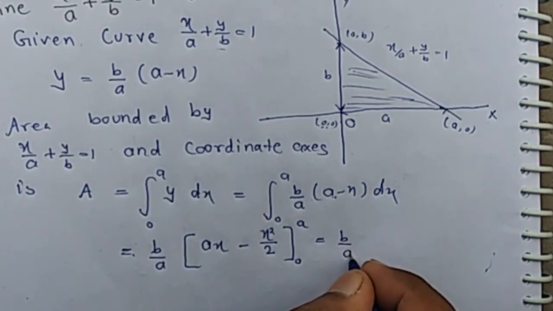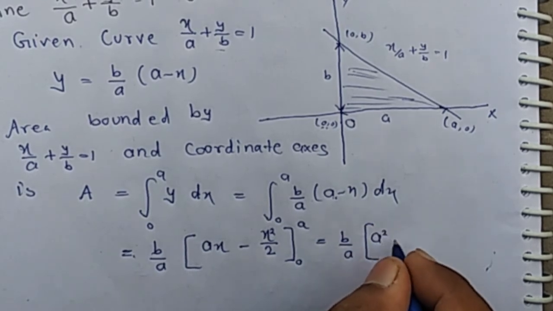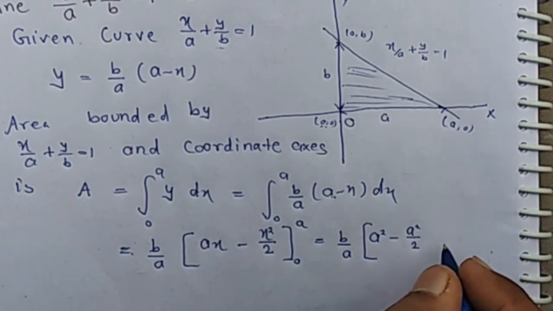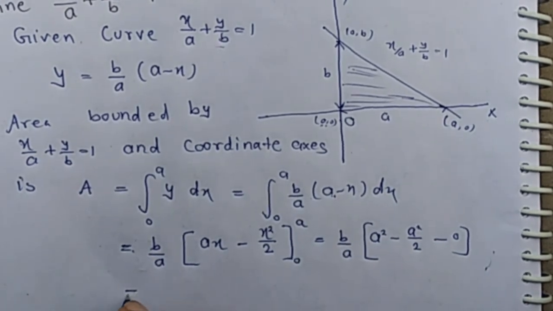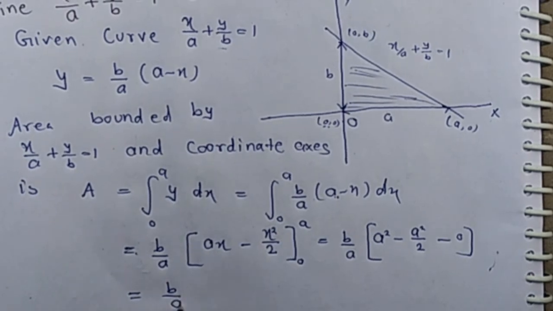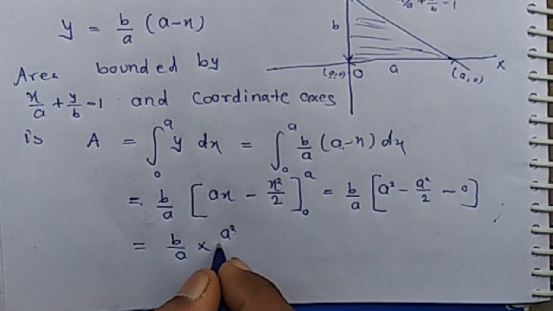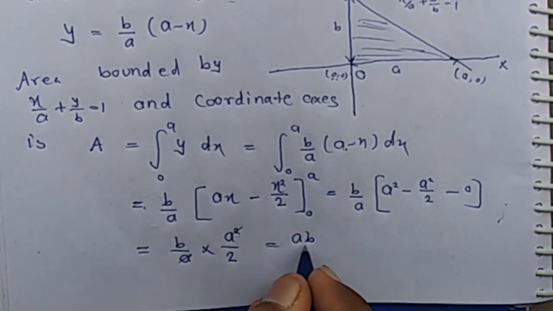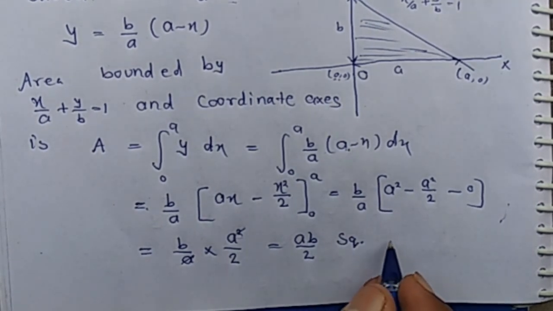Now put the value of the upper limit, a square minus a square by 2, and the lower limit which is 0. Then we have b by a into (a square minus a square by 2), a cancels out, ab by 2 square unit.